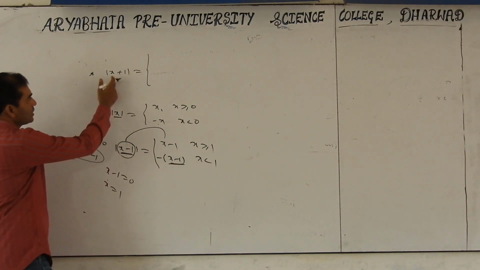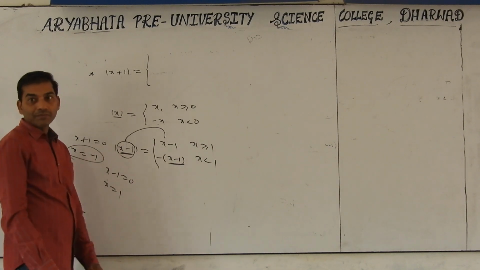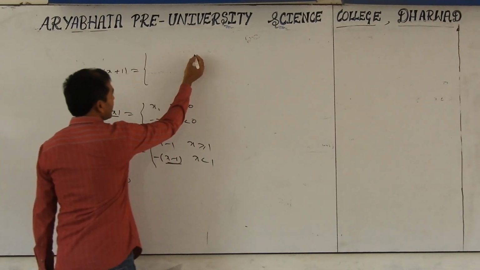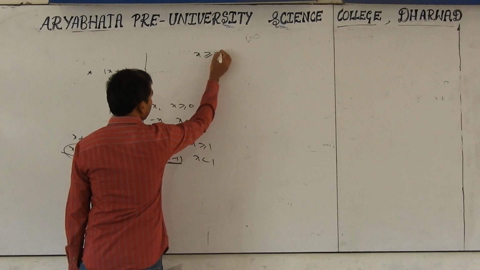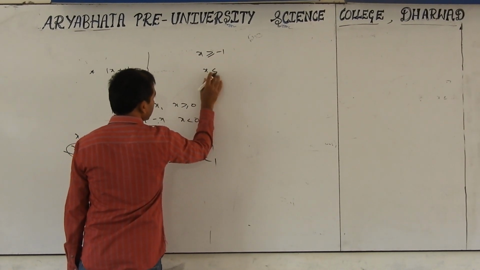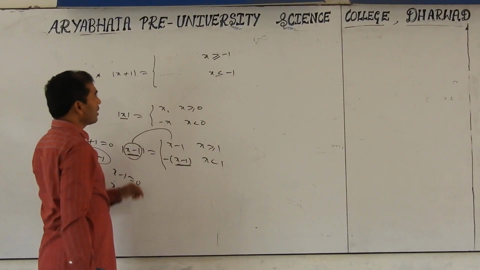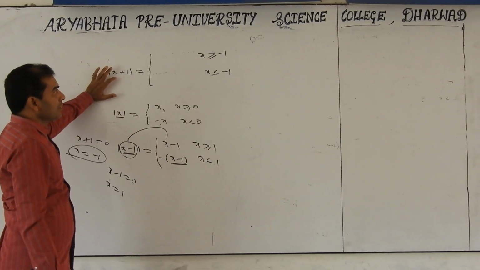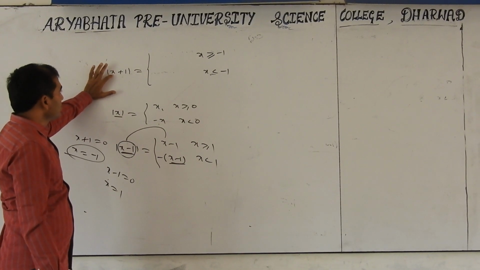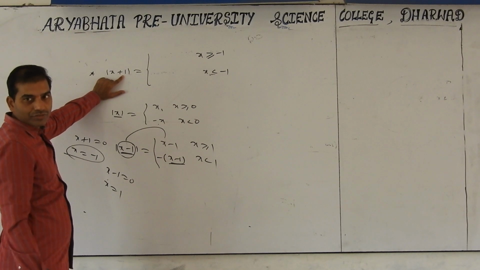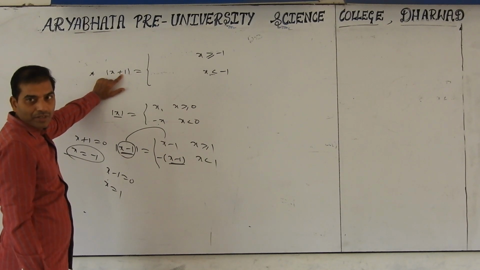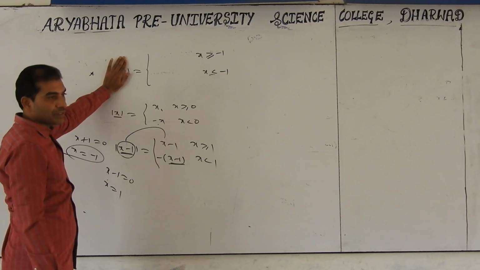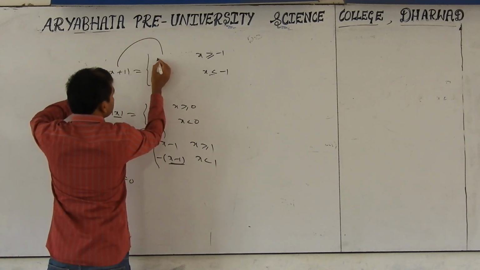Now come to this. It is changing at what point? Minus 1. So x greater than or equal to minus 1, x less than minus 1. Above minus 1, take one value. Above minus 1 you can take 0. 0 plus 1, positive. 2 plus 1, positive. If it is positive, the mod of x plus 1 is x plus 1.